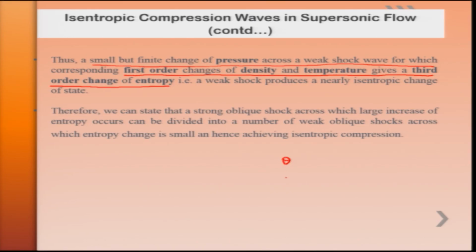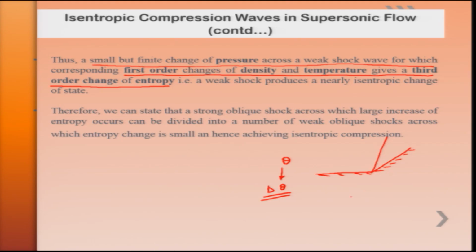So that is essentially the idea: for a given theta, if you divide it into smaller pieces of theta in successive geometry, rather than having a sudden change in deflection angle, because in the sudden case the oblique shock wave will make the flow field non-isentropic. However, you are interested in making this flow field isentropic.